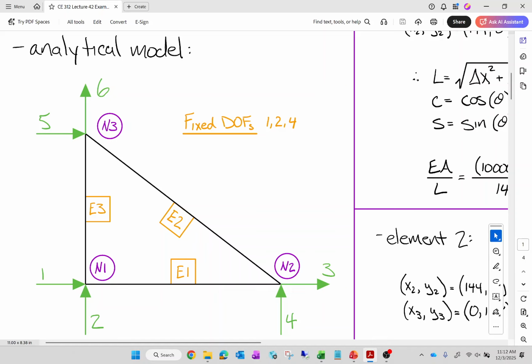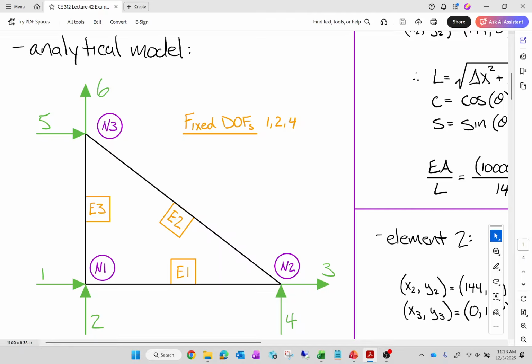In other words, I've got a pin support here and a roller support here, so this one and this one aren't going to move. This one can move, this one can move, and this one can move, but I don't know what those displacements are yet. I've got to figure that out. But I do know that delta 1, delta 2, and delta 4 are 0. Everybody okay with that?